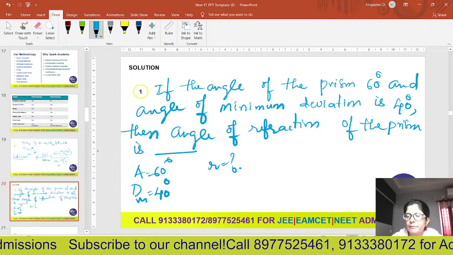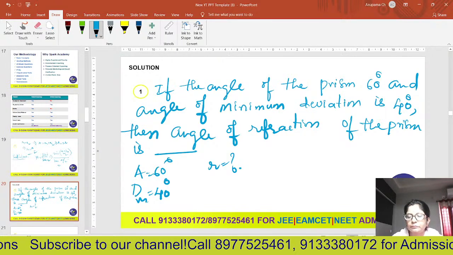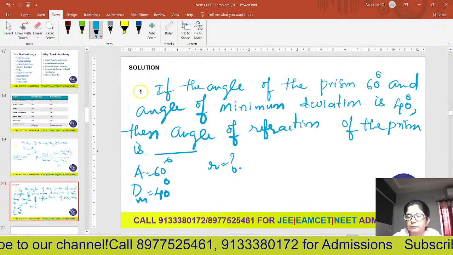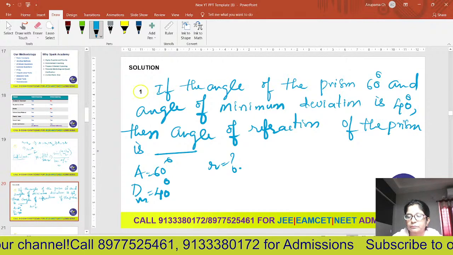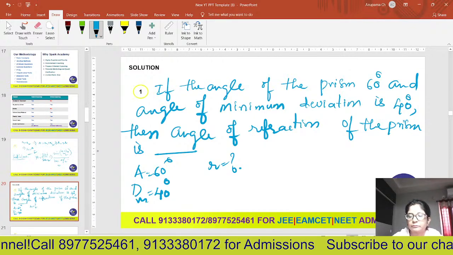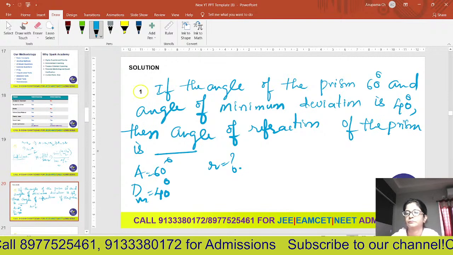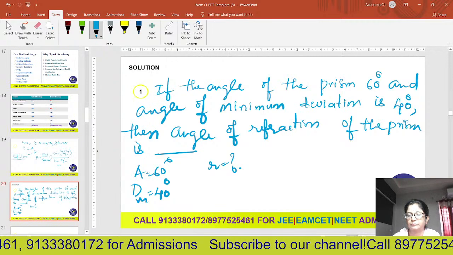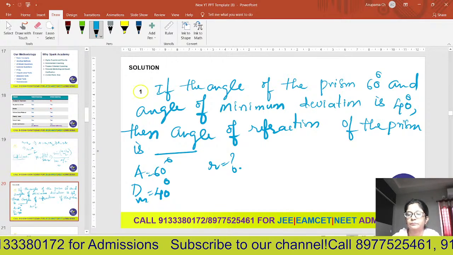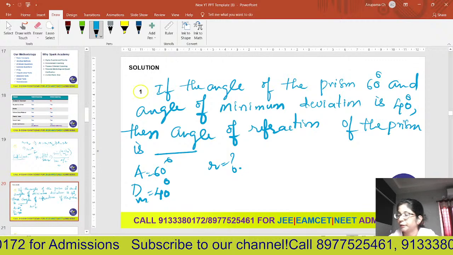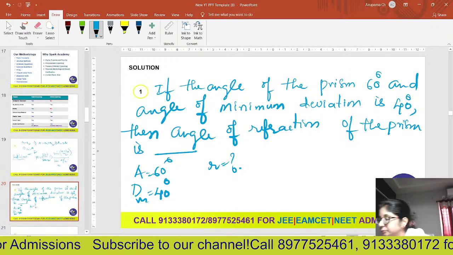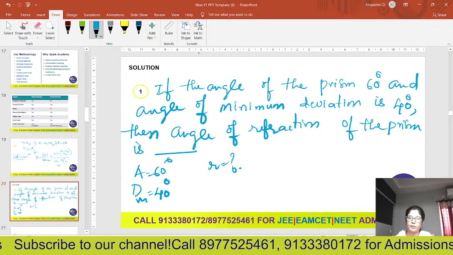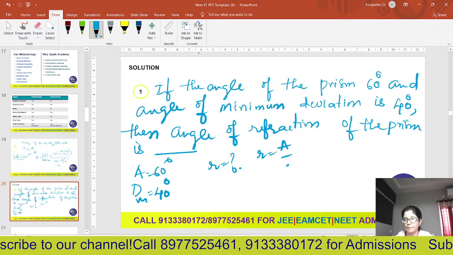If A is given, then R can be found out by R is equals to A by 2.